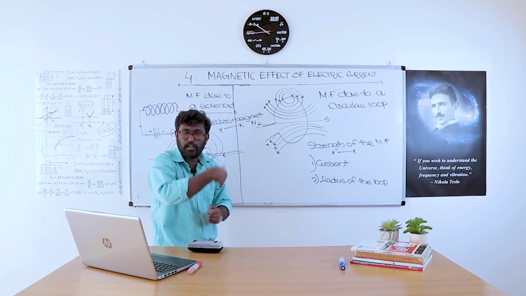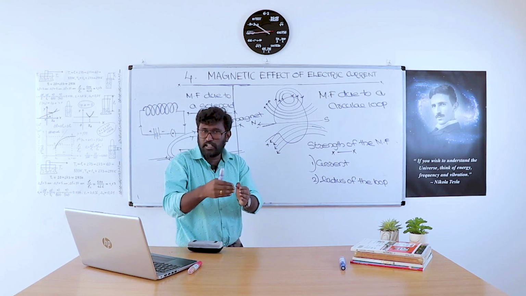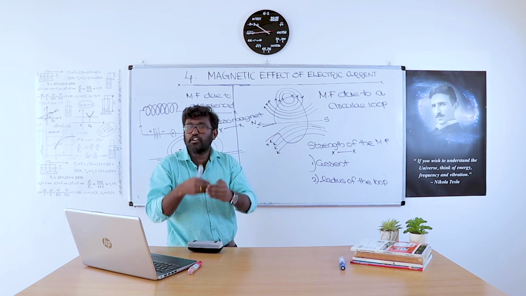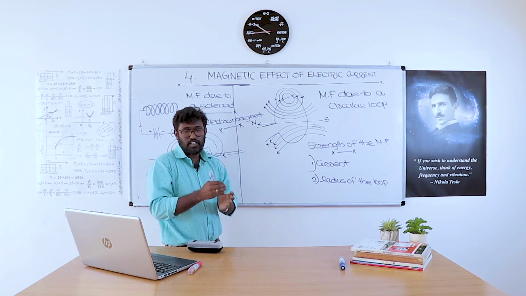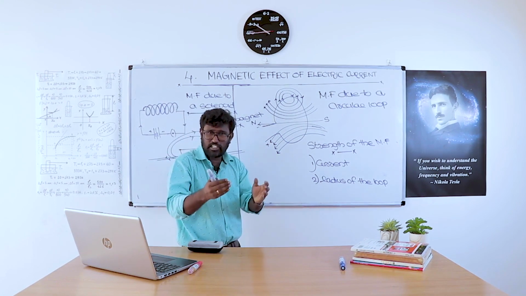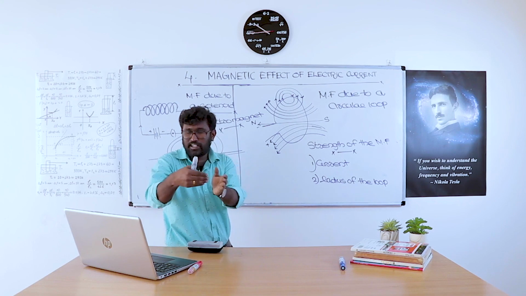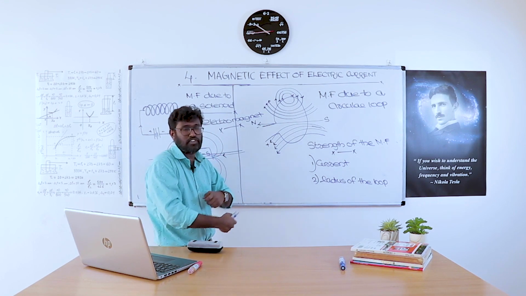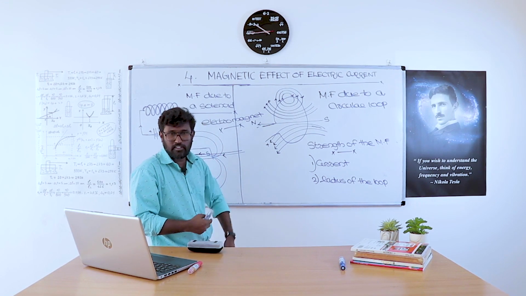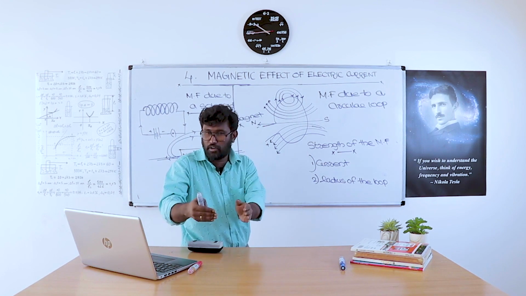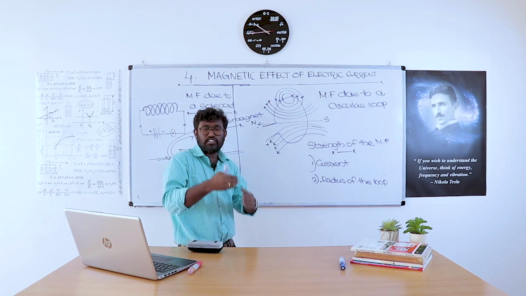So what is meant by an electromagnet? A specimen or a material which acts as a magnet under the influence of electricity is called an electromagnet.